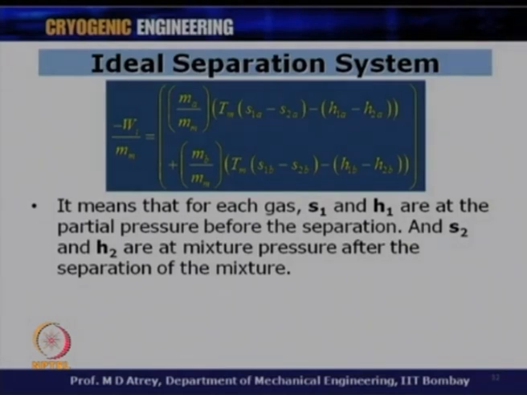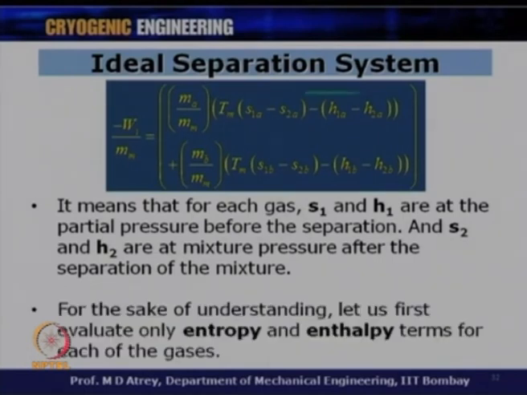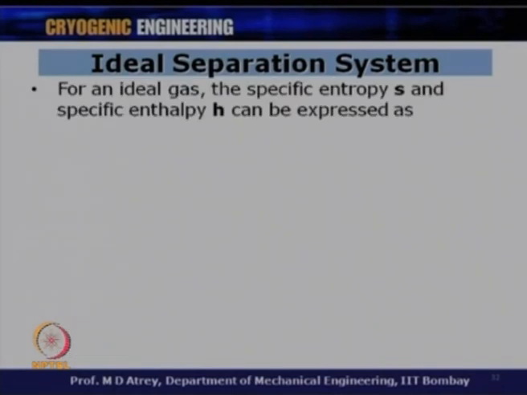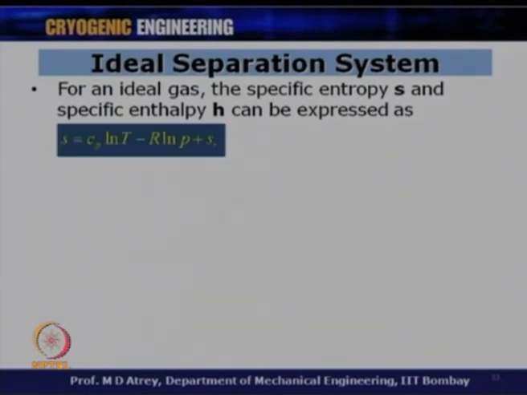For the sake of understanding, let us first evaluate the entropy and enthalpy terms for this. So, let us see if we could substitute some simple expression for these enthalpy and entropy differences for gas A and gas B respectively. For an ideal gas, the specific entropy S and specific enthalpy H are expressed as below. So, S is equal to Cp log T minus R log P plus some reference entropy term. Similarly, enthalpy is equal to Cp into T plus this reference enthalpy term.